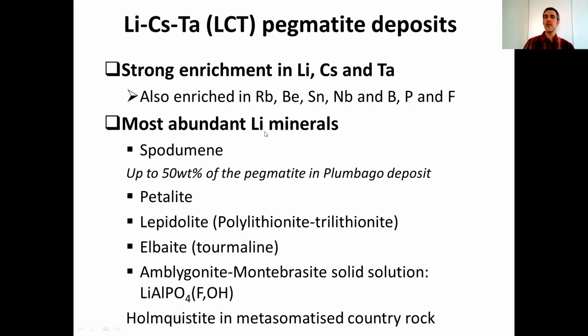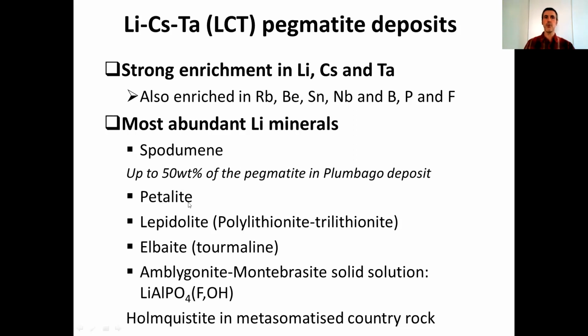The most abundant lithium mineral in the pegmatites is spodumene. It can represent up to 58% of a pegmatite body. That's the case for the Plumbago deposit.